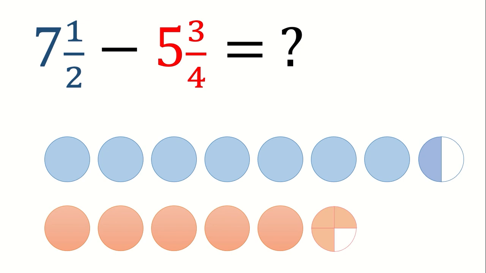So 5 circles and 3/4 of one unit of circle. Here I divide the circle into 4 parts and color 3 of the 4 parts. So here we can see the 5 and 3/4.